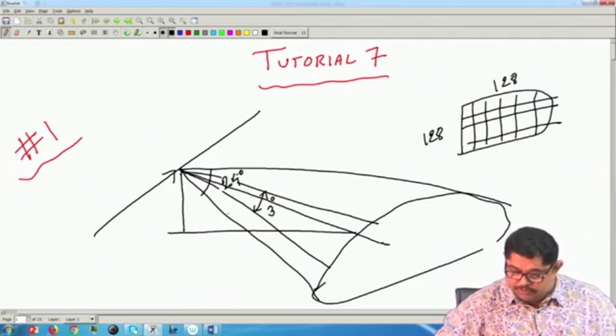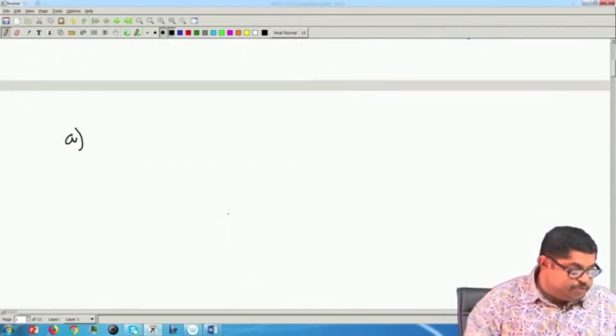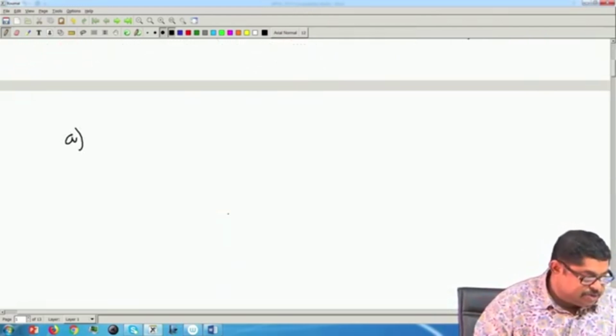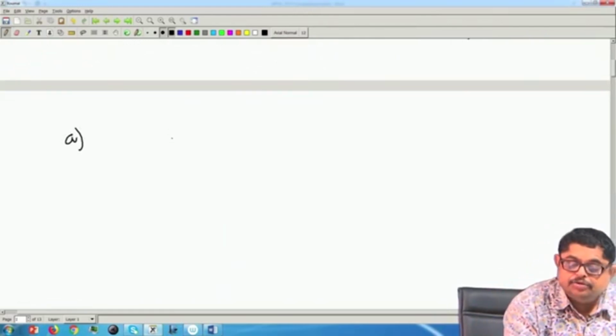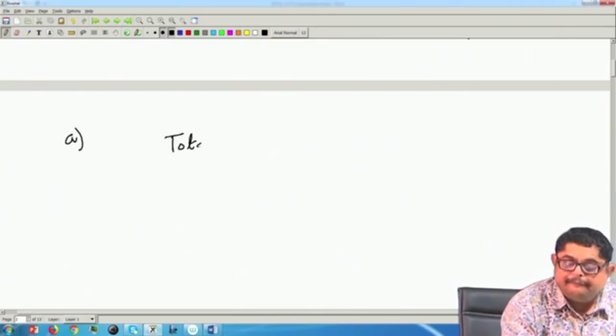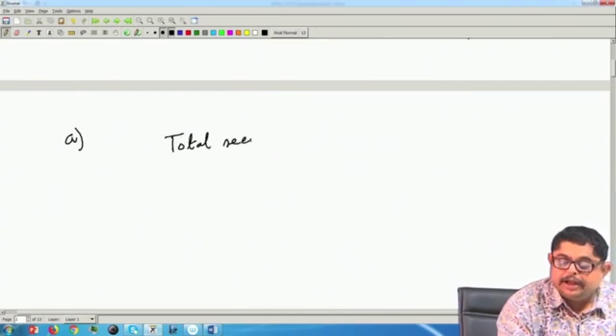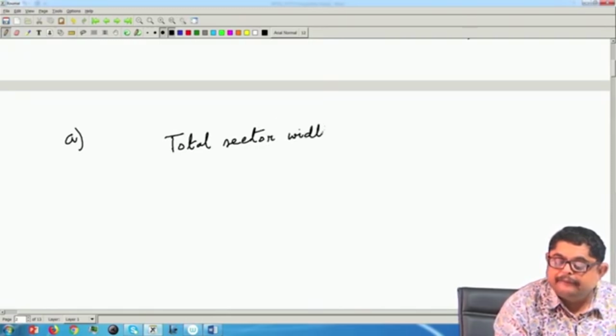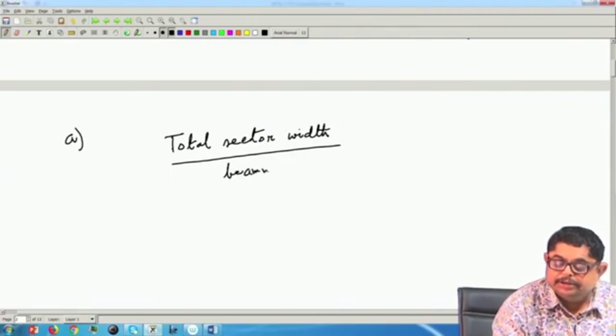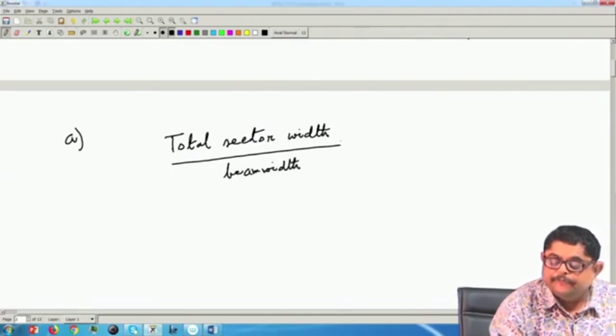So, let us come to part A, how many beams we need to process. That means total sector width divided by beam width will give us the number.